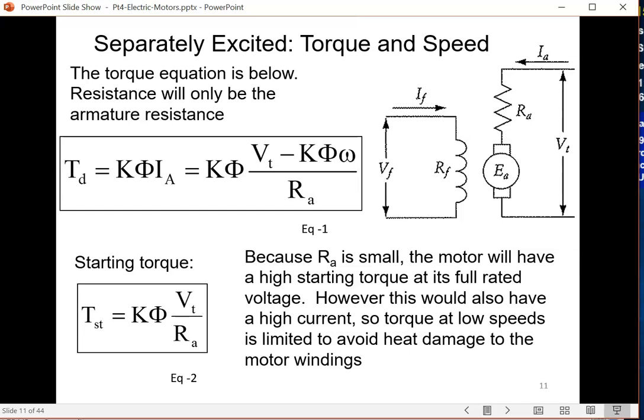So if you use the rated voltage and the standard field flux, you will be able to work out the maximum speed of the DC motor. Okay, that's in an ideal case. The motor will not go above that unless you overdrive it, unless you supply a voltage that you're not supposed to supply.